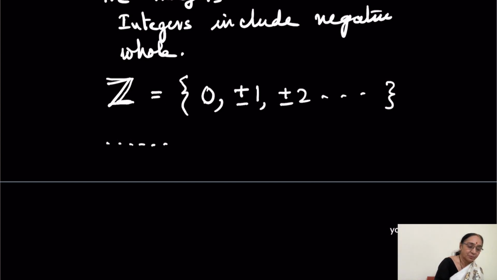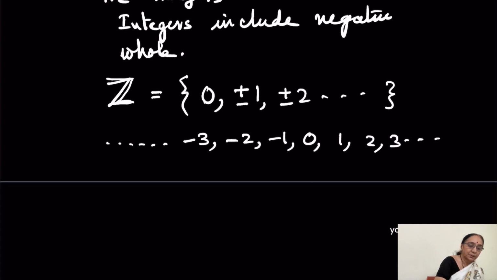You can think of any smallest integer, and I can start with negative 3, negative 2, negative 1, 0, 1, 2, 3, etc. So in the set of integers, you cannot pinpoint which is the smallest integer or which is the largest integer.